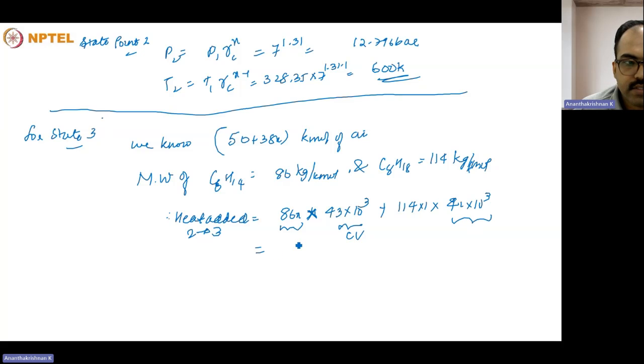So this will give us (3698x plus 4788) into 10 cube kilojoules.